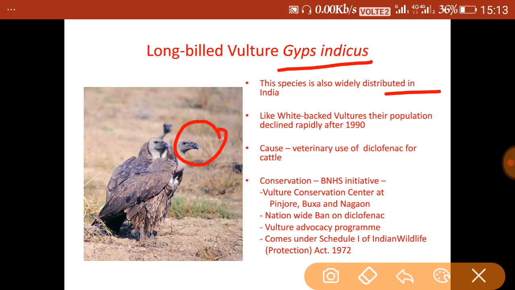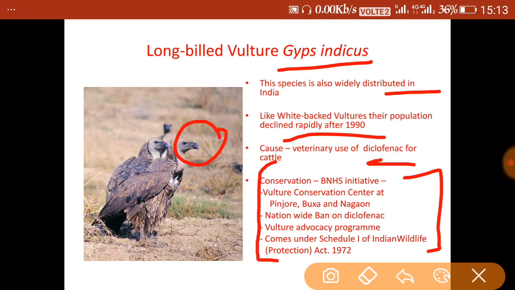Like white-backed vultures, their population declined rapidly after 1990. Cause: diclofenac again. The conservation procedures are similar to those for white-backed vultures.